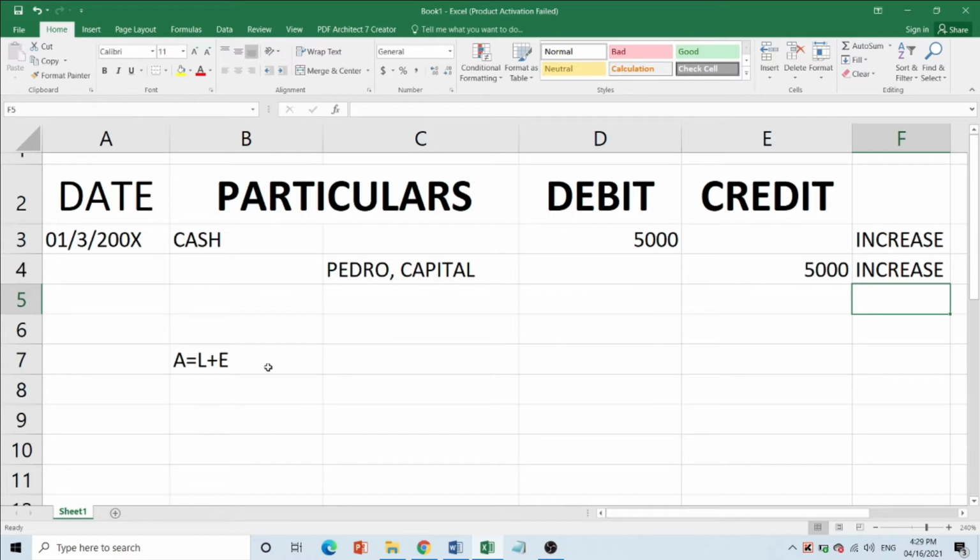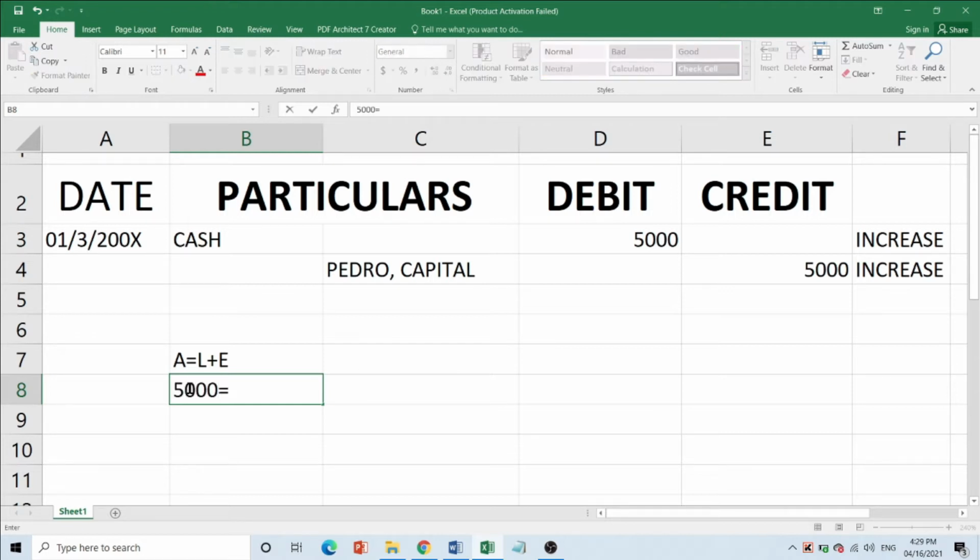Now, tingnan natin dito sa ating accounting equation. Nag-increase si asset equals, may effect sa liability? Wala. Okay? Walang effect kay liability. But nag-increase po yung equity natin, which is capital.